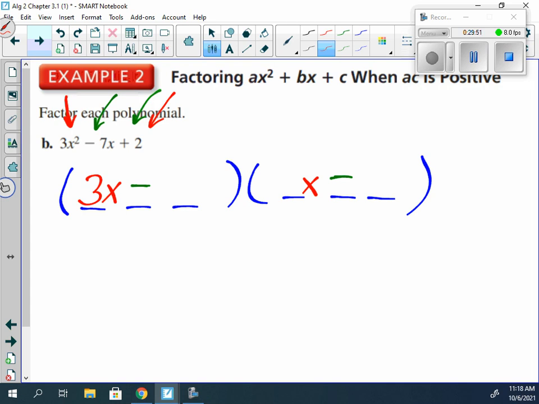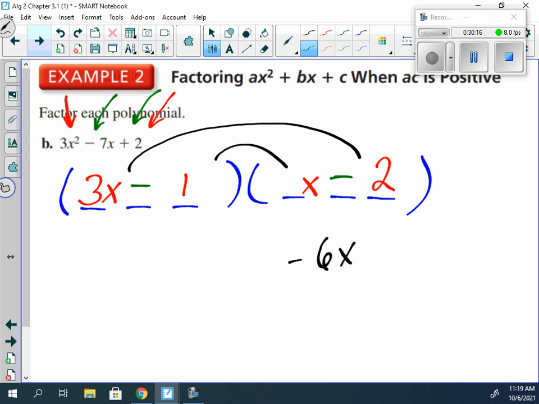1 and 2. Which one do we want to use first? It doesn't matter, so pick one for me. 1 and 2. And last but not least, we already plugged, so we're going to check. 3x times negative 2 is negative 6x.